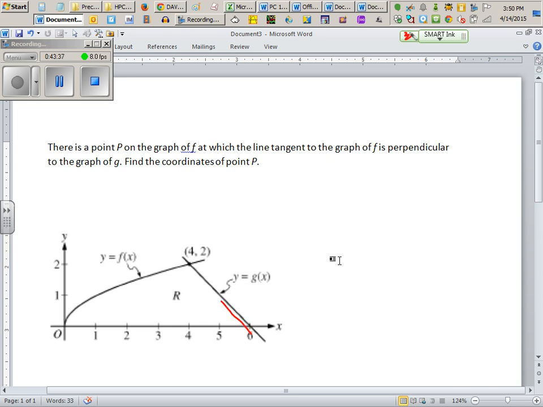Graph of g is over here, isn't it? Can someone tell us what is it they're talking about? Elizabeth, can you tell me what are they talking about? Somewhere there's a tangent line perpendicular to the red? Yes, there's lots of tangent lines on f of x.